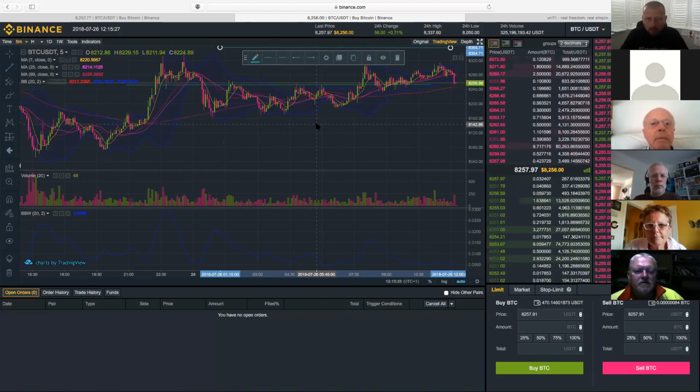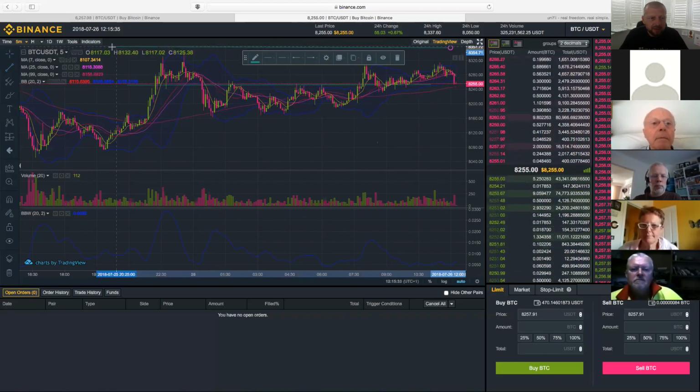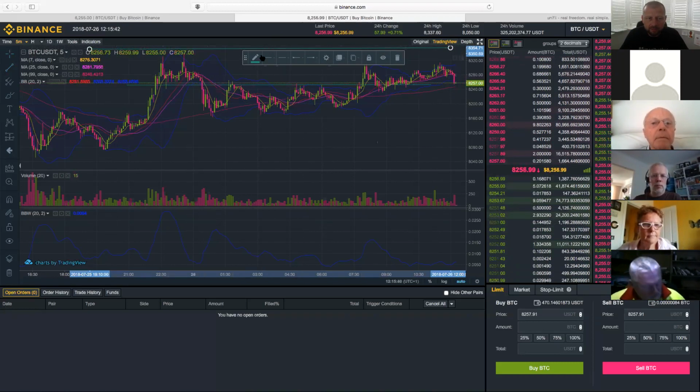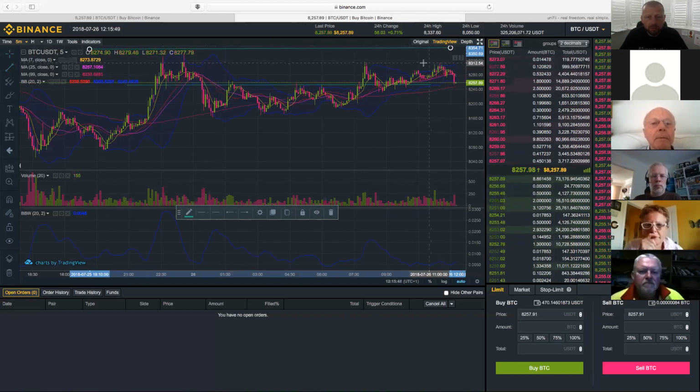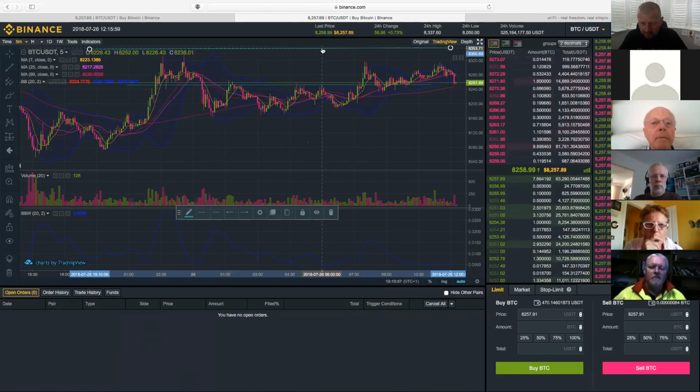So what we're saying is that if Bitcoin goes up and it busts through this line, then quite safely, that candle didn't manage it, that candle didn't manage it, these candles didn't manage it, and this one hasn't managed it so far. But what we want to make sure is that if it does bust through this line here, we are in Bitcoin. We've bought Bitcoin. Does that make sense? Yeah? Everyone's okay with that?